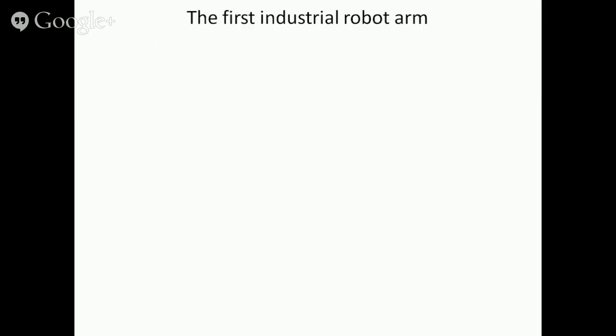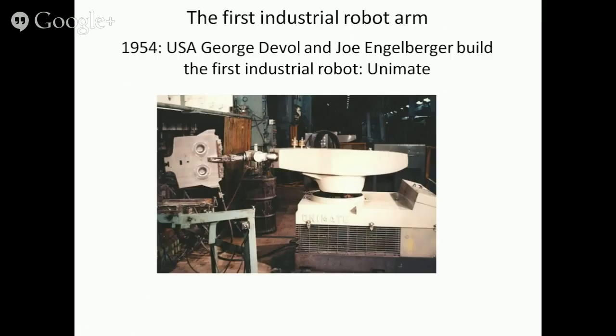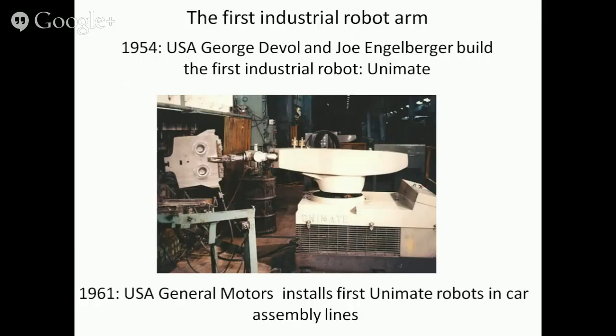The first industrial robot arm was developed in 1954 by the two American engineers George DeWall and Joe Engelberger. They called it Unimate. 7 years later, the US car manufacturer General Motors started to integrate Unimate robots in car assembly lines.